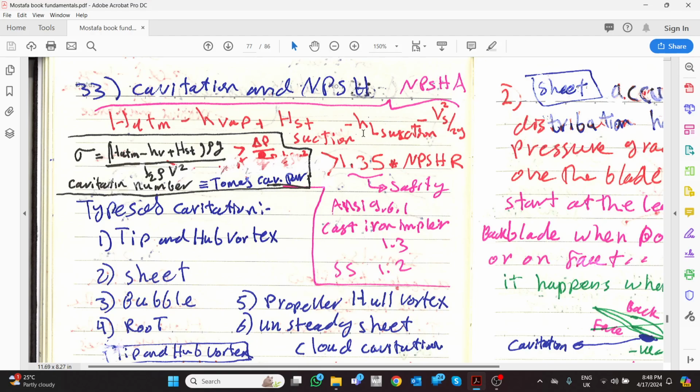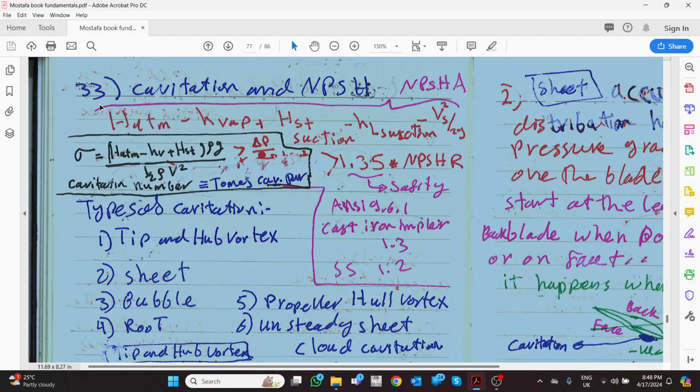But it is better when you deal with vapor pressure to use absolute. So add the absolute, add H atmosphere, since we are not using gauge pressure. And all of this should be what? Bigger than H vapor. But we moved H vapor from this side to this side.